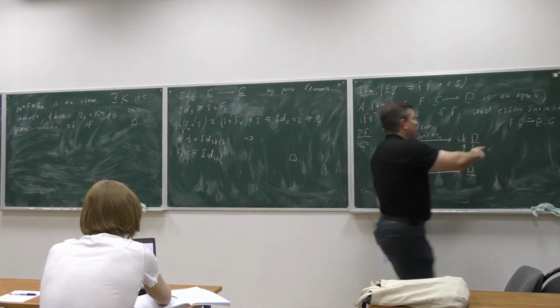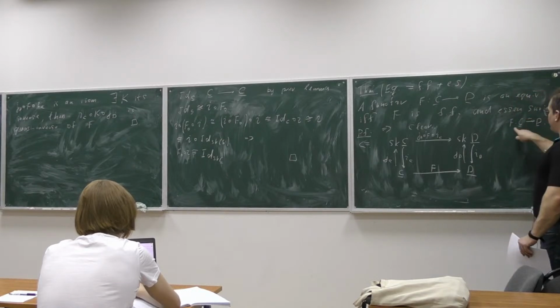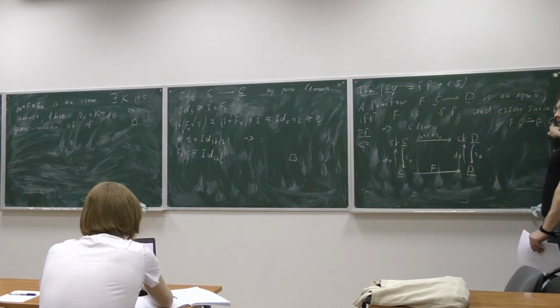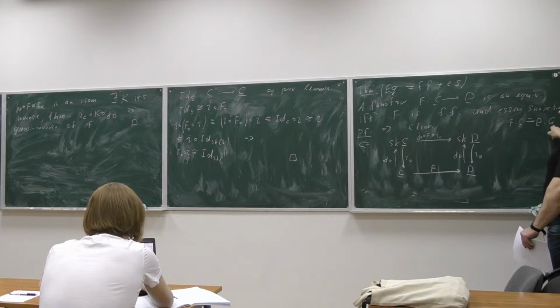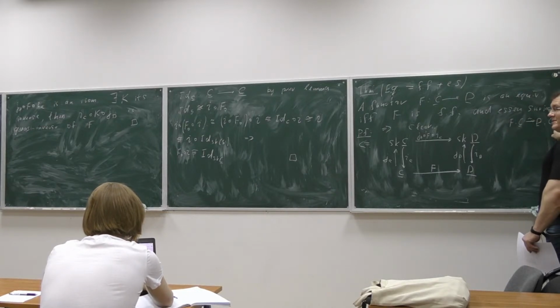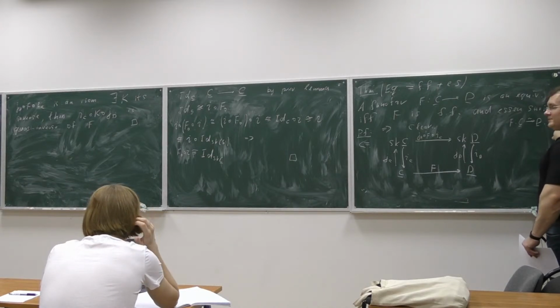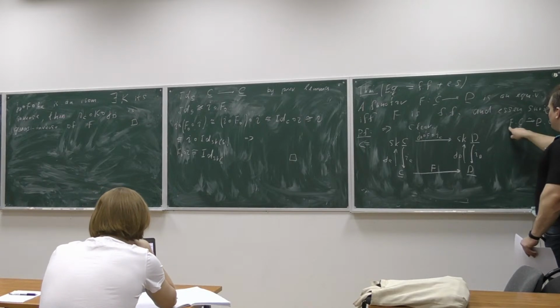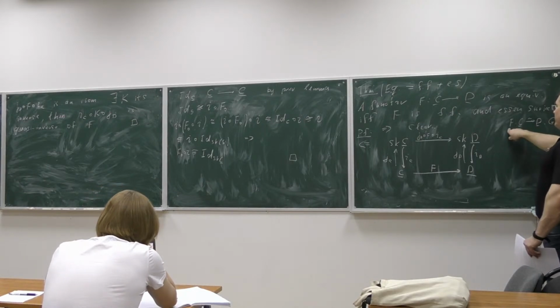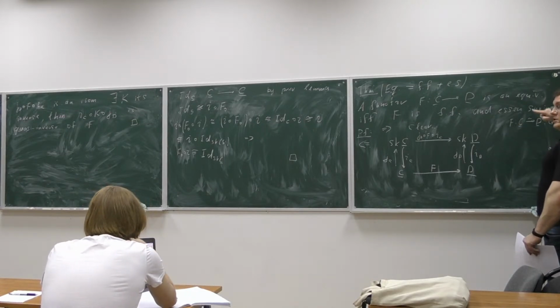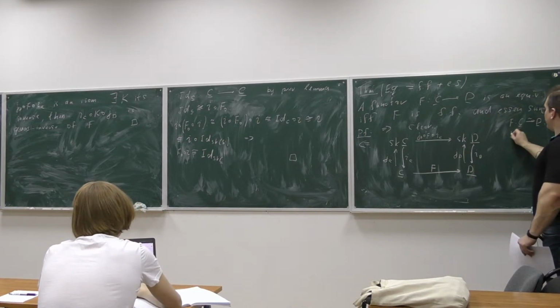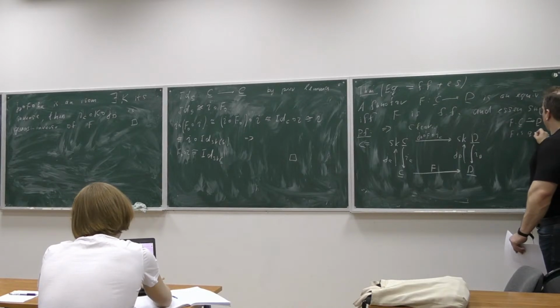So that's the construction, and that's the terminology that I defined here. If you have an equivalence of categories C and D, this is realized by two functors, F and G. And in this situation, we call G quasi-inverse to F and F quasi-inverse to G. Equivalence means that we have one functor, another functor, and natural isomorphisms for one composition and the other composition.